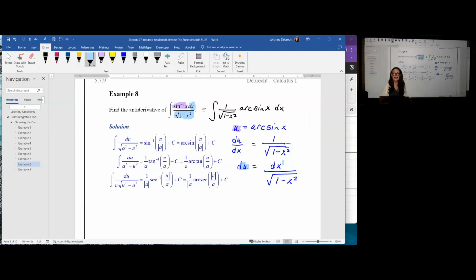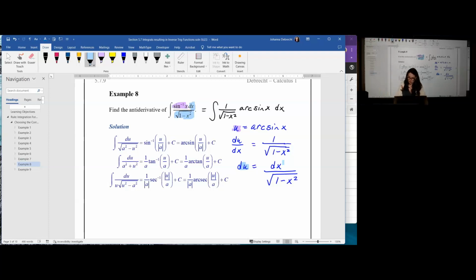There's nothing left in my integrand to substitute out. This particular integral does not actually involve any of our 3 inverse trig integrals. It is instead a straightforward u substitution. Do not always assume because you see something that looks like a Pythagorean theorem application that it has to involve the integral of an inverse trig function.